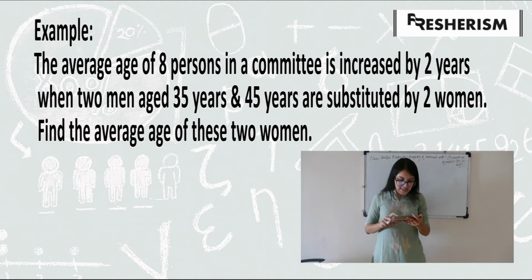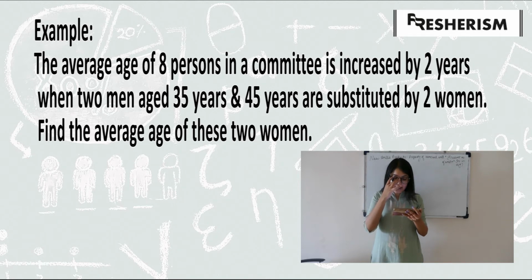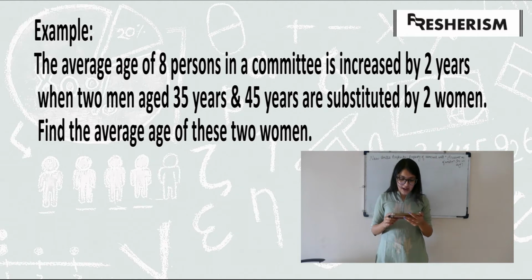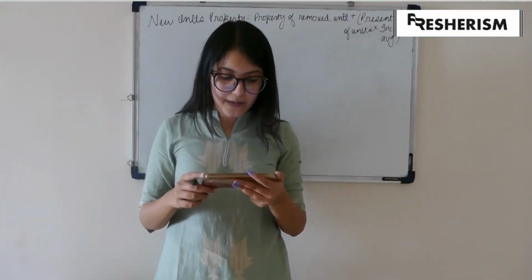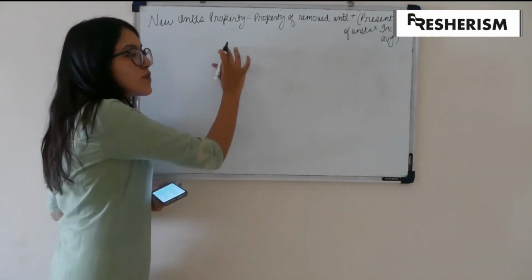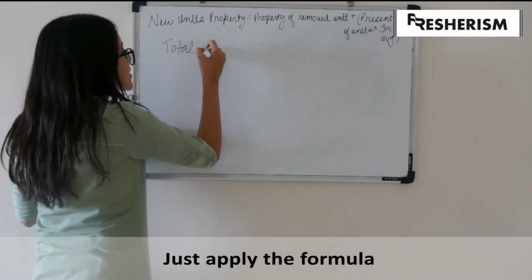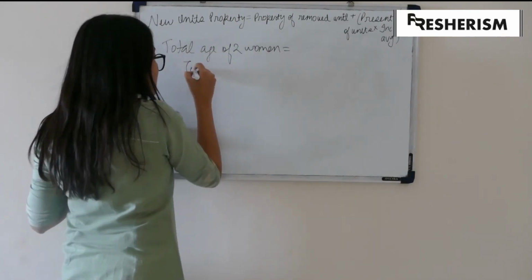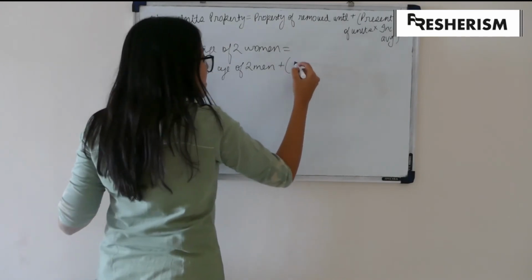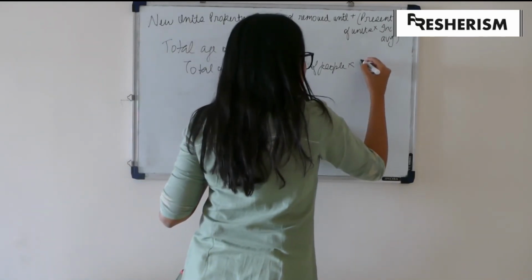The question on your screen says, the average age of 8 persons in a committee is increased by 2 years, when 2 men aged 35 years and 45 years are substituted by 2 women. Find the average age of these 2 women. Let us now look at its solution. It will be very easy if we keep on following this formula. Let us see. Total age of 2 women is equal to total age of 2 men plus number of people into increase in average.